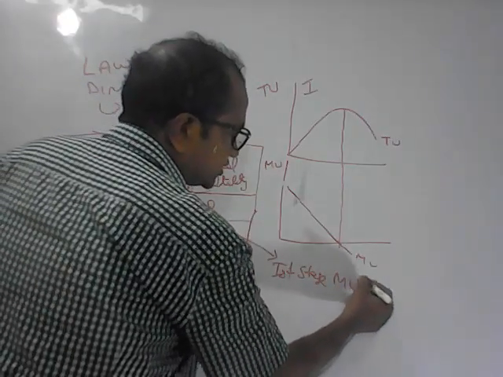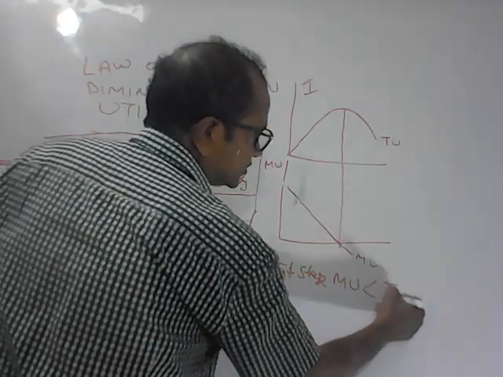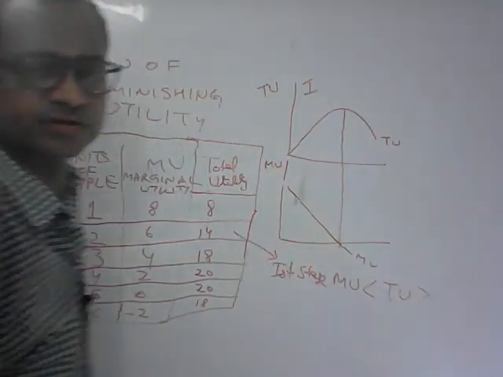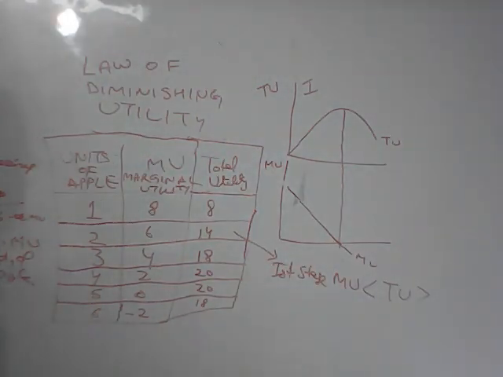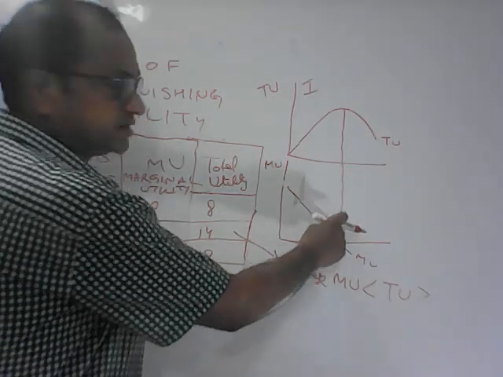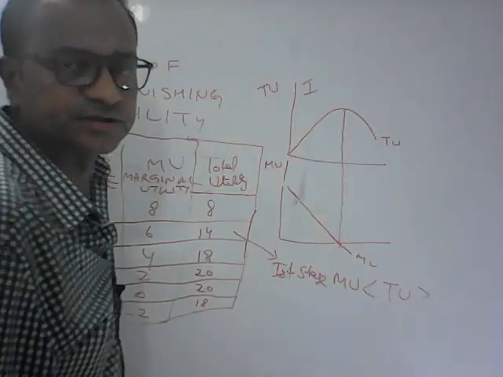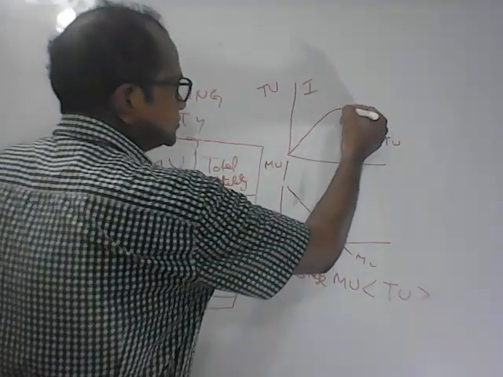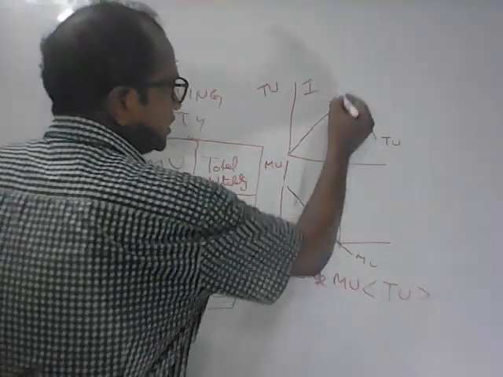When marginal utility decreases, total utility increases. We can write down: as the marginal utility decreases, total utility increases. And this is the part which is showing A to B.